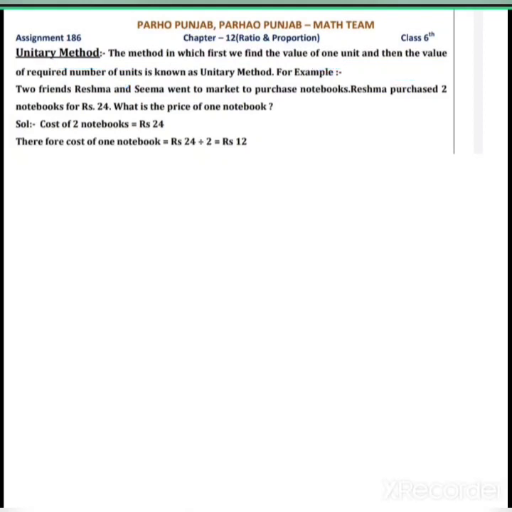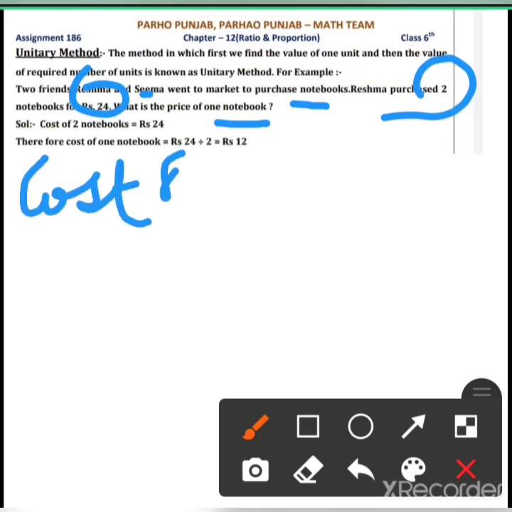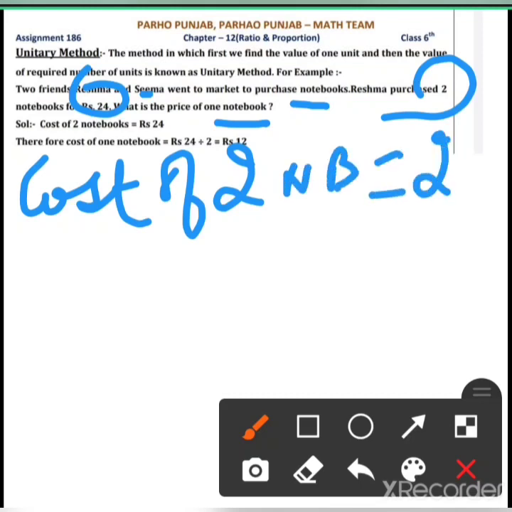Two friends, Reshma and Seema, went to the market to purchase notebooks. Reshma purchased 2 notebooks for rupees 24. Then what is the price of 1 notebook? We will use the unitary method here. First we have the cost of 2 notebooks, that is equal to rupees 24.